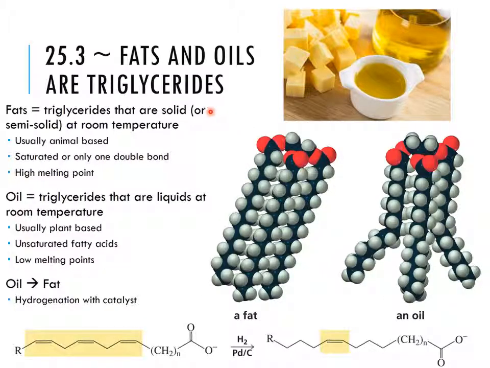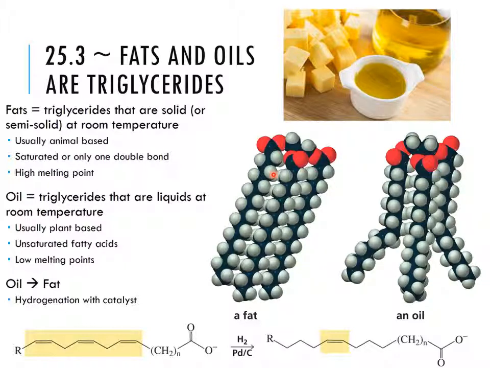We can break these down into fats and oils. Fats are going to be the triglycerides that are saturated or only have one double bond. And because of that, they're going to have strong London forces, so within the molecule, between the chains, and then between 2 different molecules.